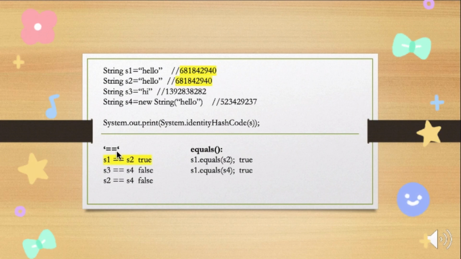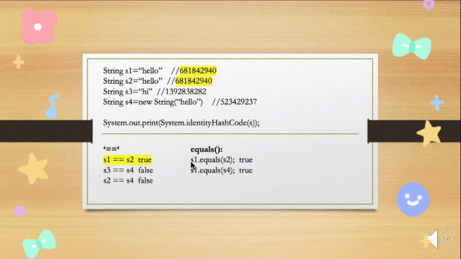For double equal, s1 equals s2, because as we know, String is non-primitive, so double equal compares its address. As s1 and s2 have the same address, s1 equals s2 is true. But s3 and s4 have different addresses, so s3 equals s4 is false, and s2 equals s4 is also false.